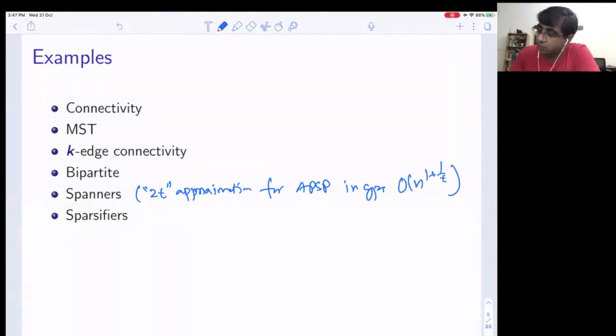It was basically preserving all cuts of G within 1 plus or minus epsilon.